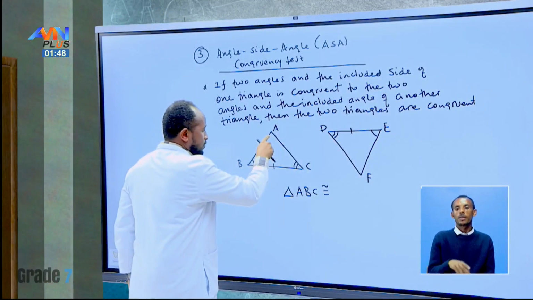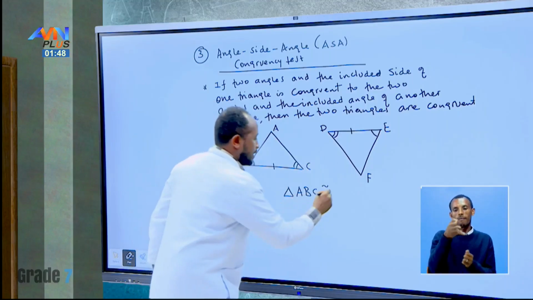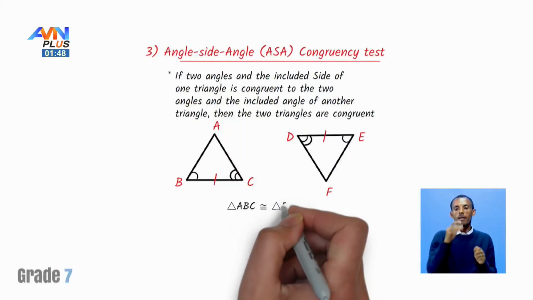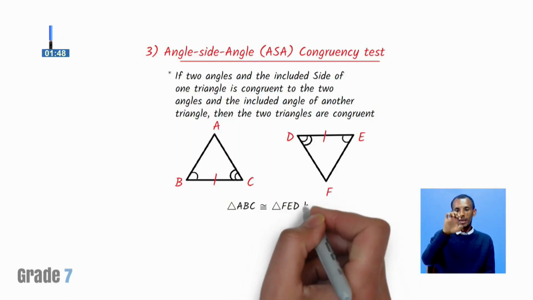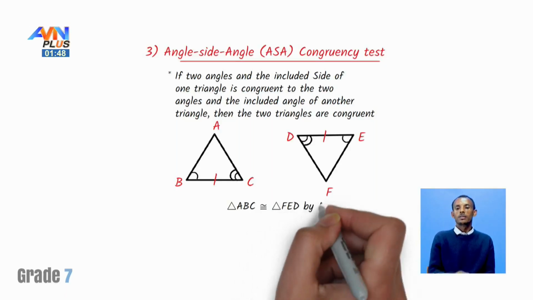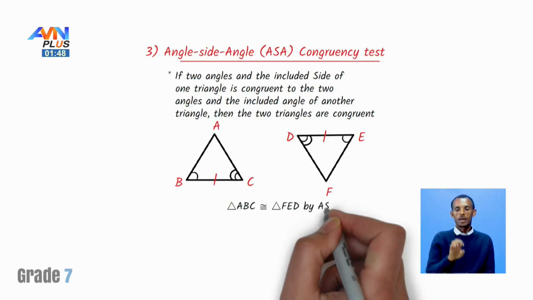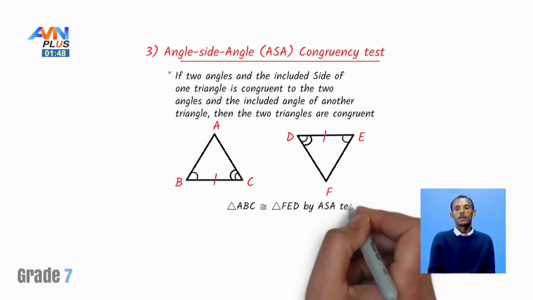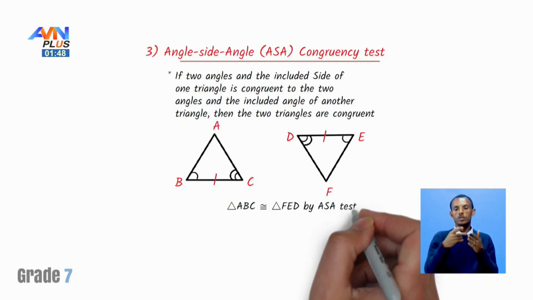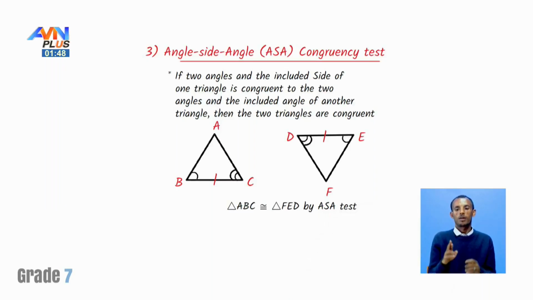So A corresponds to F. Triangle F. B corresponds to E. So triangle FE, and then C corresponds to D. Triangle FED. These two triangles are congruent by the angle side angle congruency test.